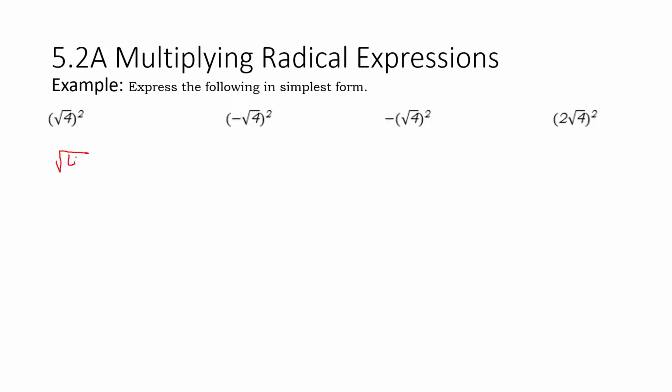If I have root 4 times root 4, that's the same as root 4 squared. If we combine those underneath the radical, we'll have root 4 times 4, underneath one radical I should say, and that is root 16.